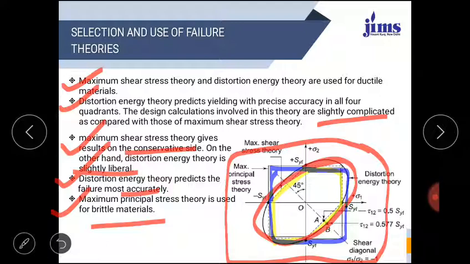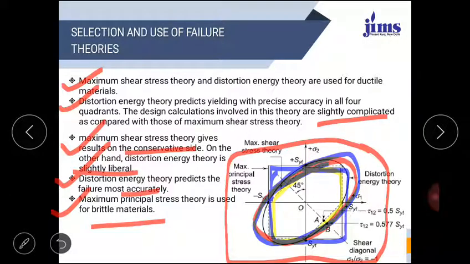So what you can see from this drawing, for any combination of these stresses, in the case of the maximum shear stress theory, all the points of the maximum shear stress theory come under the boundary of the maximum distortion energy theory.